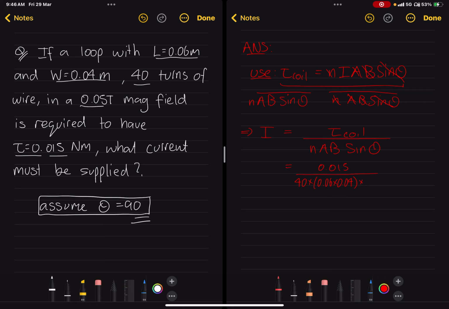The field we were told was 0.05, and then sine of theta is just 1 because theta is 90 by our assumption. So we plug this all in and we find that the required current is 3.125 amps. So if 3.125 amps are provided to this loop that has the following qualities, you'll get a torque of 0.015 Newton meters.